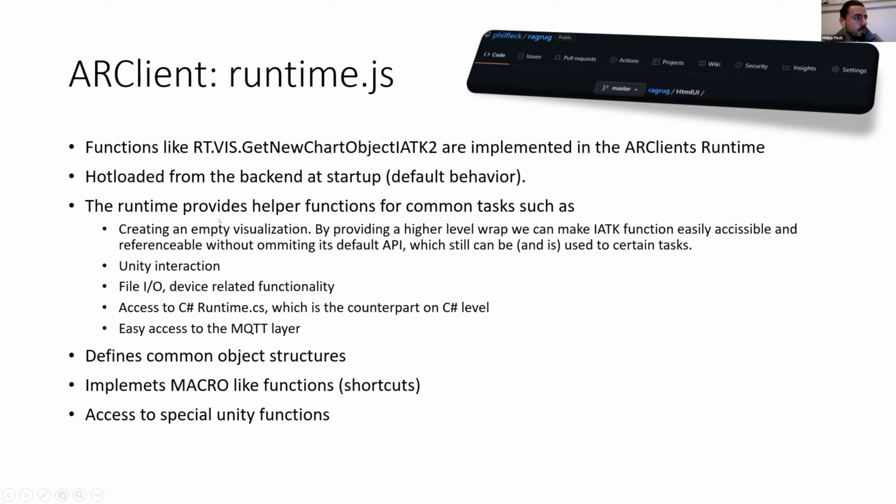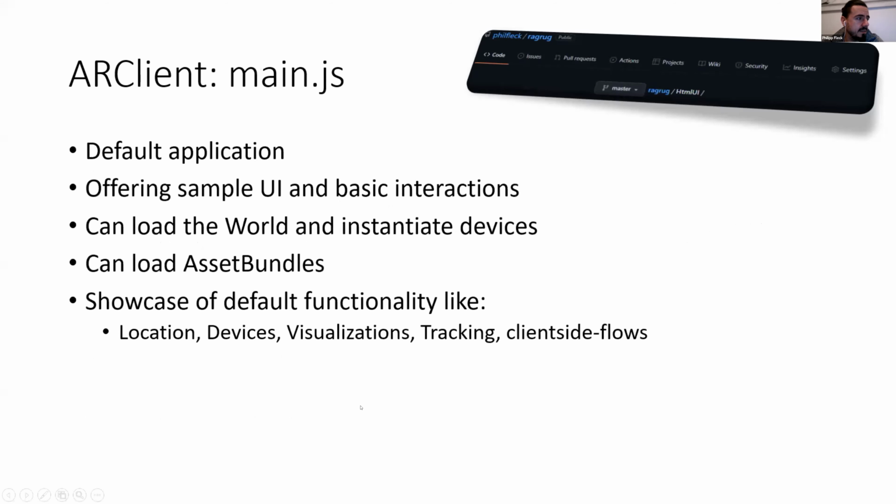And it follows a principle of macro style functions. So it can be extended at runtime, but also used as is. You might already get the idea that this is very flexible, and it gives you a lot of different opportunities for how to implement stuff.